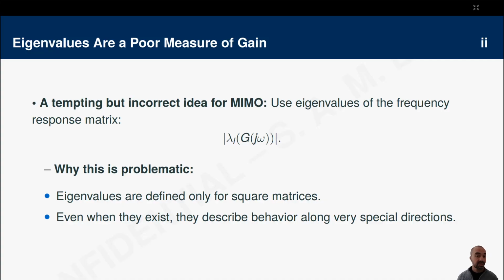Even when they exist, they describe behavior along a very special direction, the eigendirection. So eigenvectors or eigendirections are not generic input directions. They are highly structured and rare. This point is subtle but crucial. So we're only talking about eigendirections, obviously.